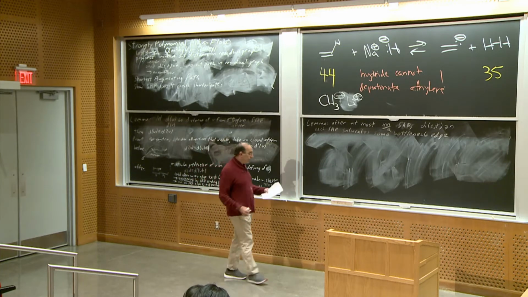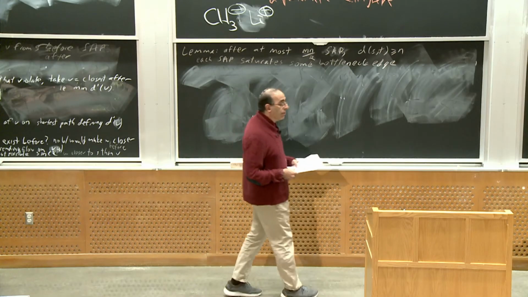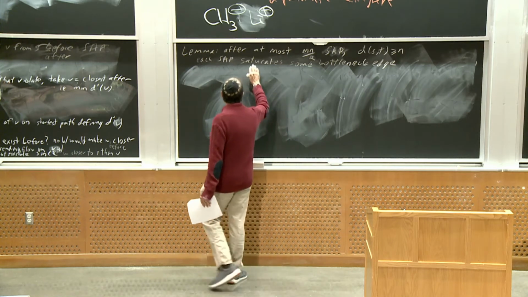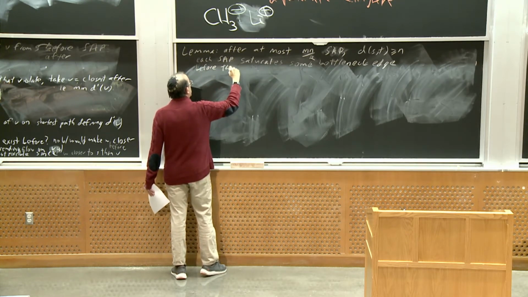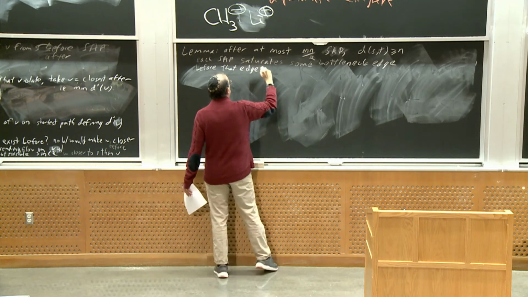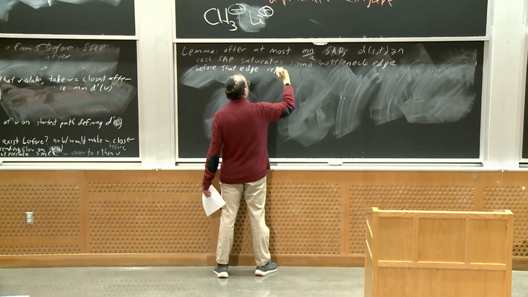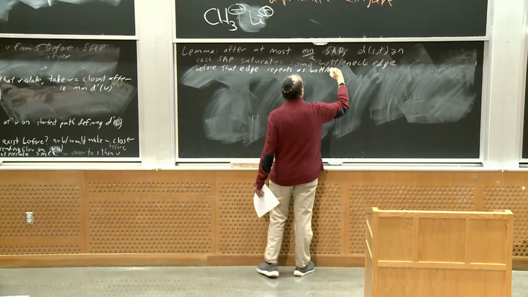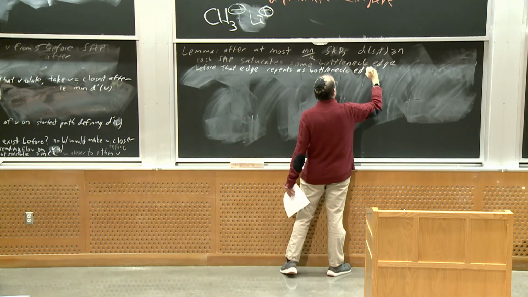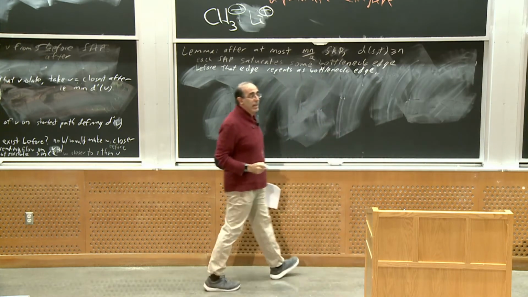But what has to happen in order for that edge to get saturated again? So before that edge repeats as the bottleneck edge, what has to happen?